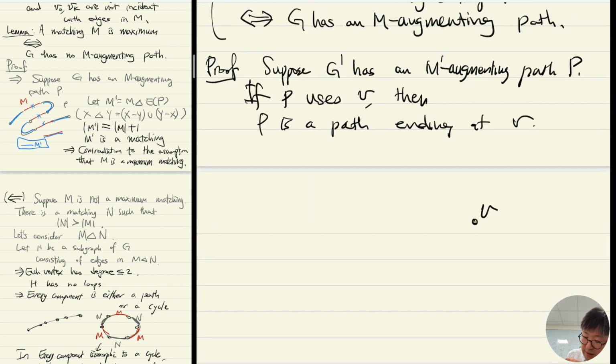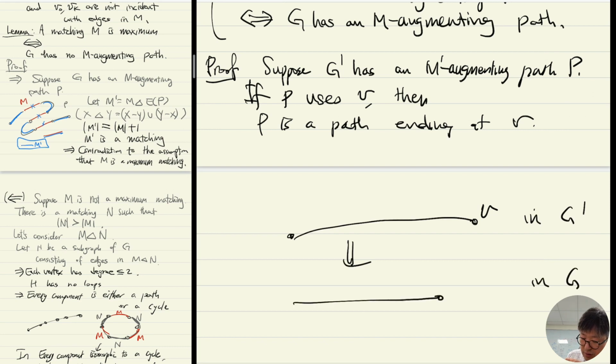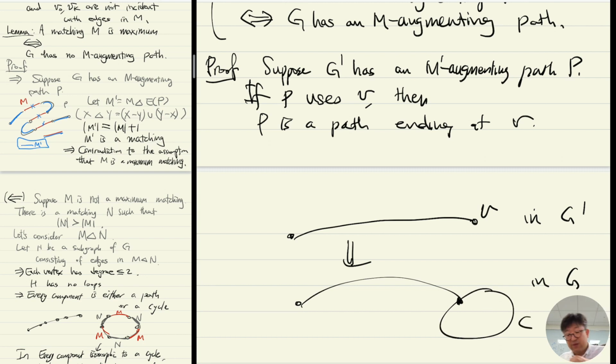So then, if you have a path like this in G prime, then in G, it arrives at some vertex of the cycle in G. And now the thing is, the last edge is not in the matching, right?